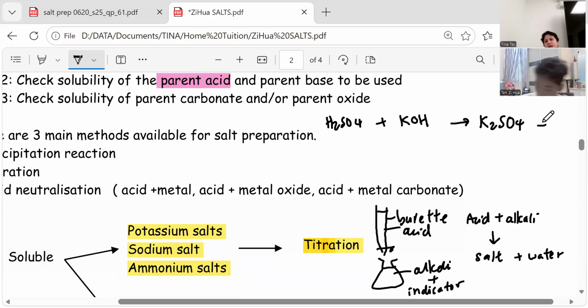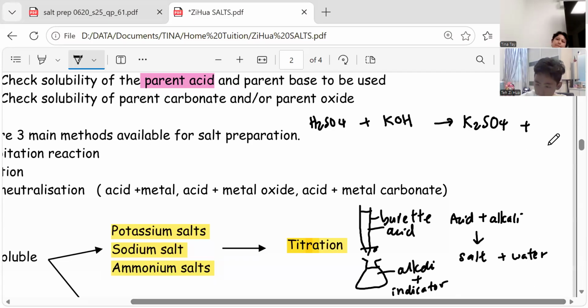So I will get potassium sulfate and water.